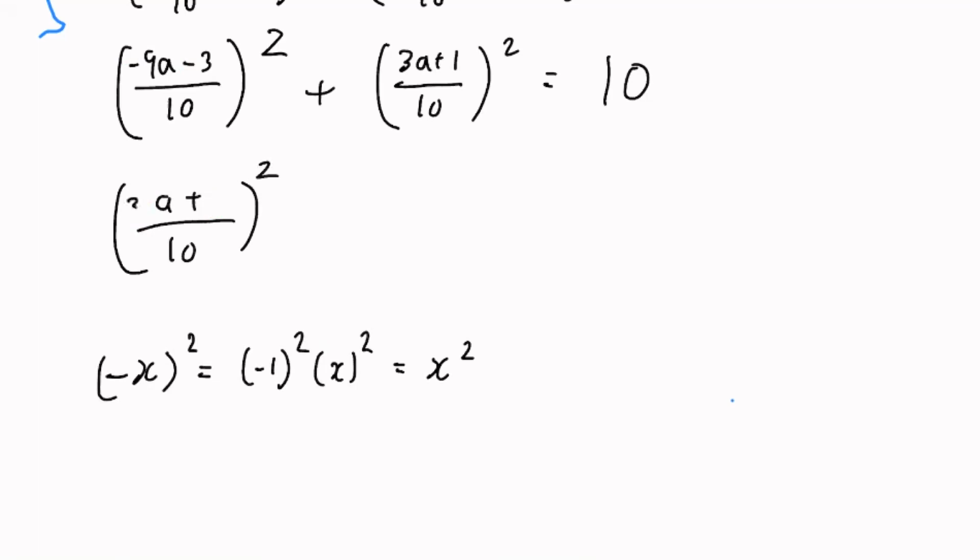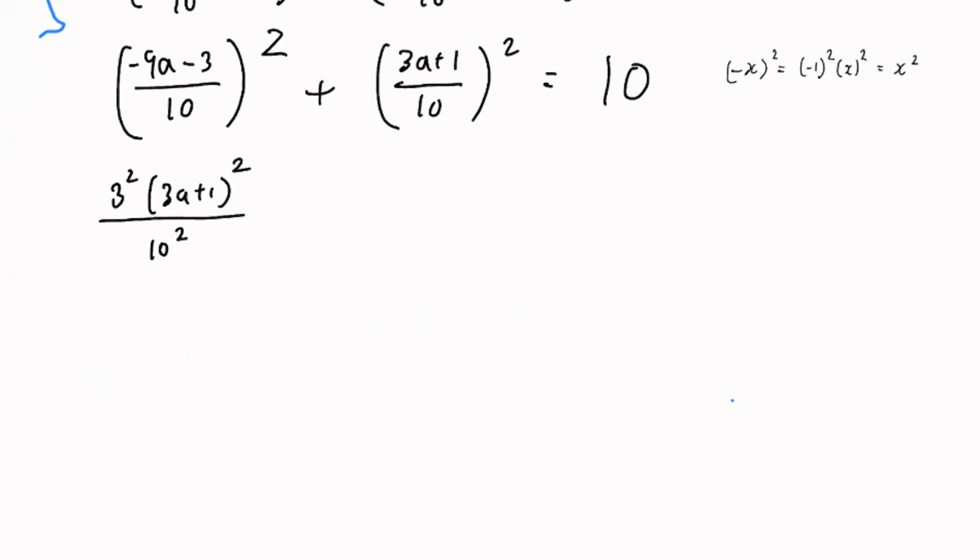Then I'm left with 3 times 3a plus 1. When I square, I'll get 3 squared times 3a plus 1 bracket square over 10 squared. Is that okay?